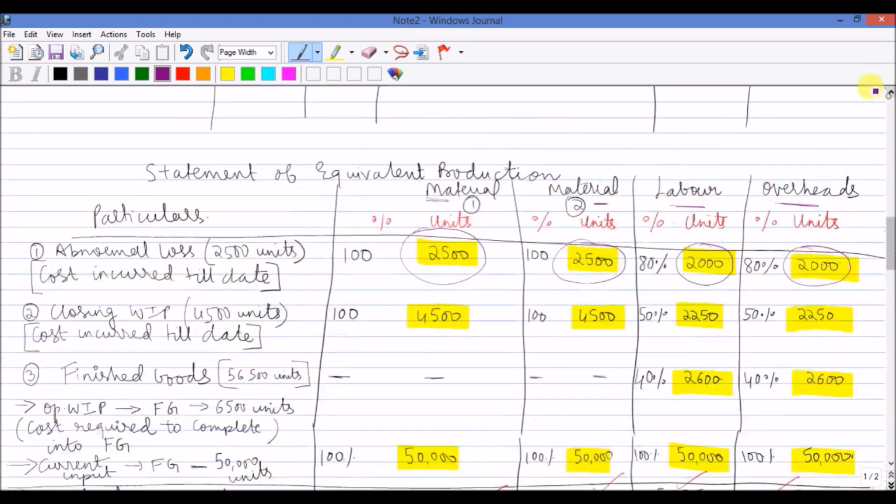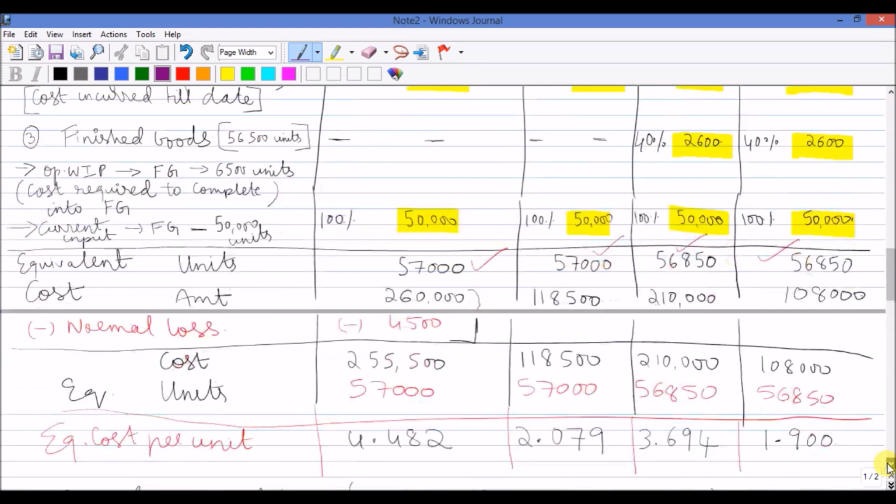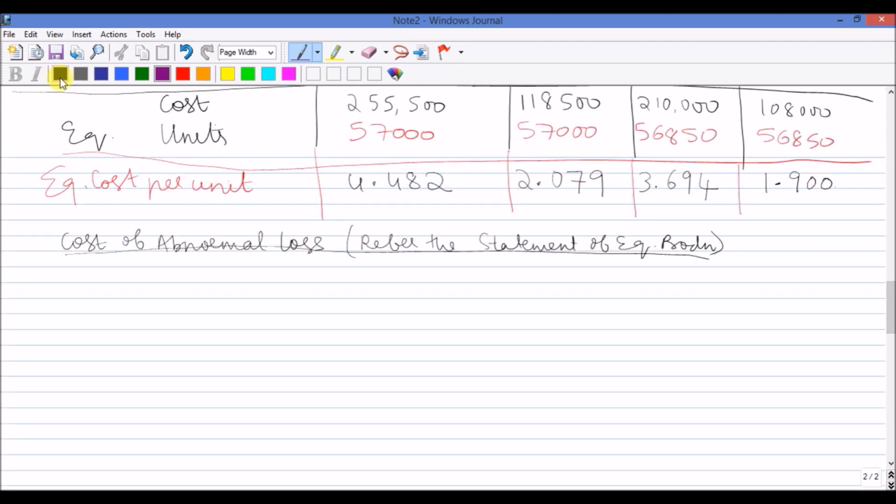So we are going to material 1, 2, labor and overheads. I'm going to write all the 4. So there is material 1, then material 2, then labor, and then overheads, and then we need to multiply with the units.